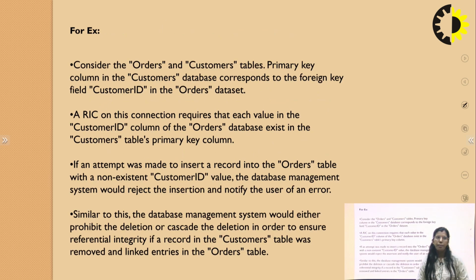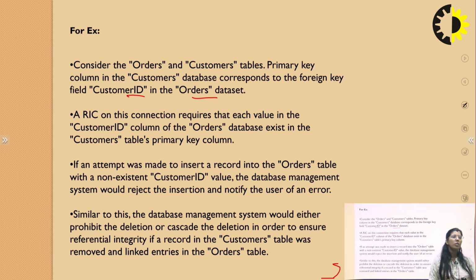For example, consider two relations, order and customer. The primary key for customer is customer ID, which acts as a foreign key in the order table. So the referential integrity constraint on this connection requires that each value in the customer ID column of the order table exists in the customer table.